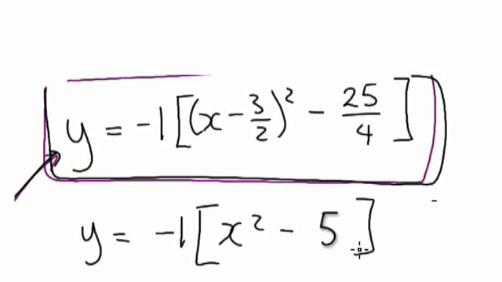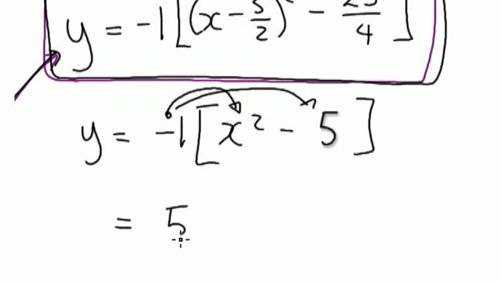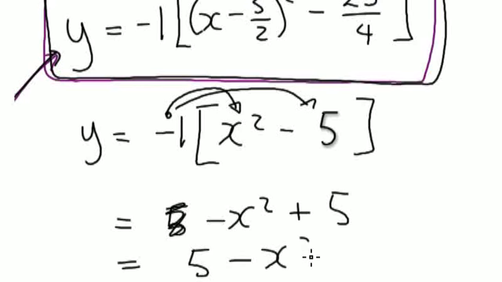Let's just say you're given this. You could multiply this out, so it will become minus x squared plus 5, and then switch these two around. So it will become this here.